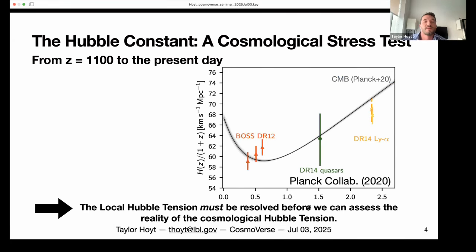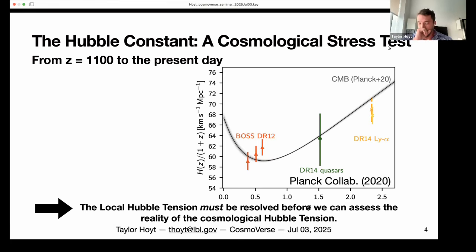So a brief summary of how we do this end-to-end test and where things lie today. On the right, I'm plotting from the Planck collaboration's paper the Hubble parameter as a function of redshift. The gray band is the lambda CDM prediction based on the CMB observations at z of 1100.